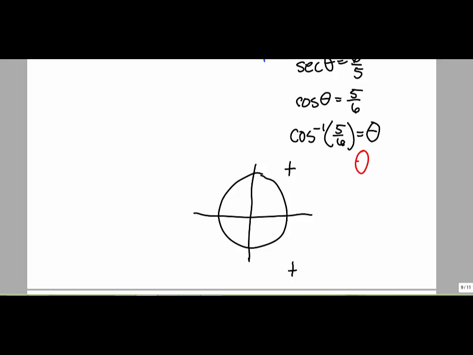So when we put this into our calculator, we're looking for angles in degrees. Let's round to the nearest tenth here. And when I put this into my calculator, I get 33.6 degrees.